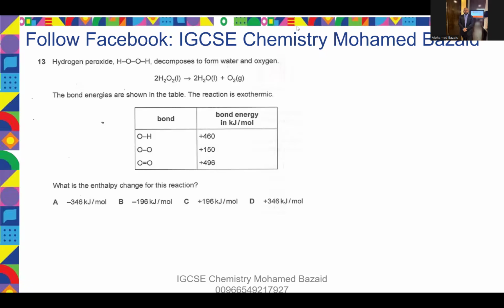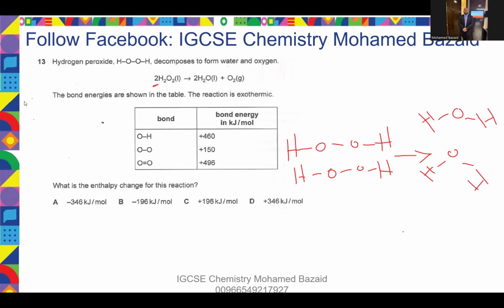To start to draw H2O2, it will be like this. H-O-O-H. Because I have two here, I have another one. This will form 2H2O, as you see. Here you have 2H2O, or you can do like this again, no problem. H2O and another H2O plus O2, which is O double bond O.